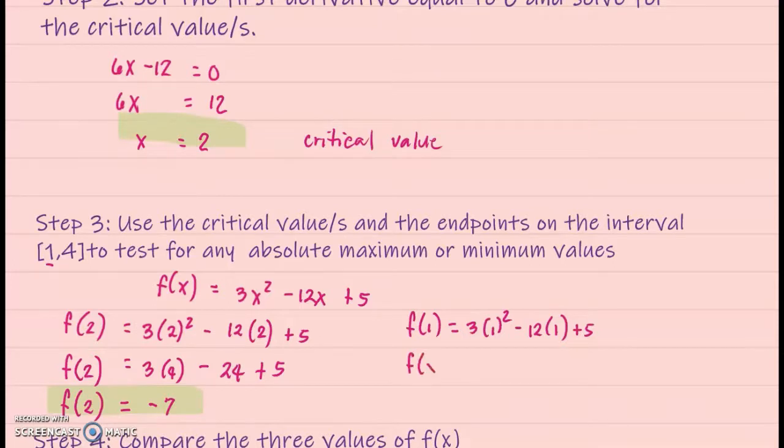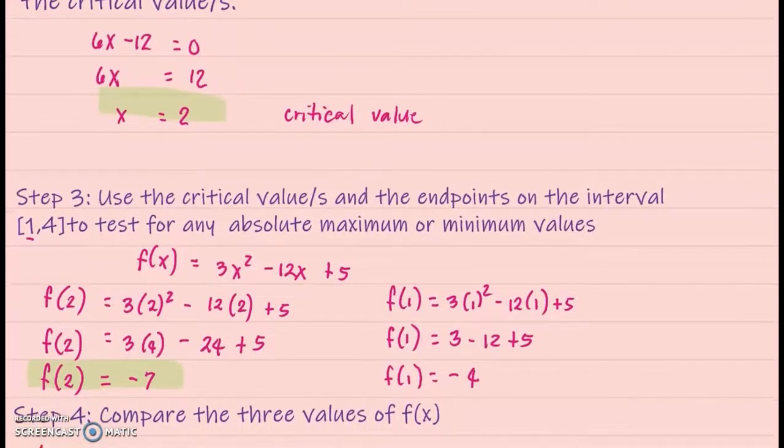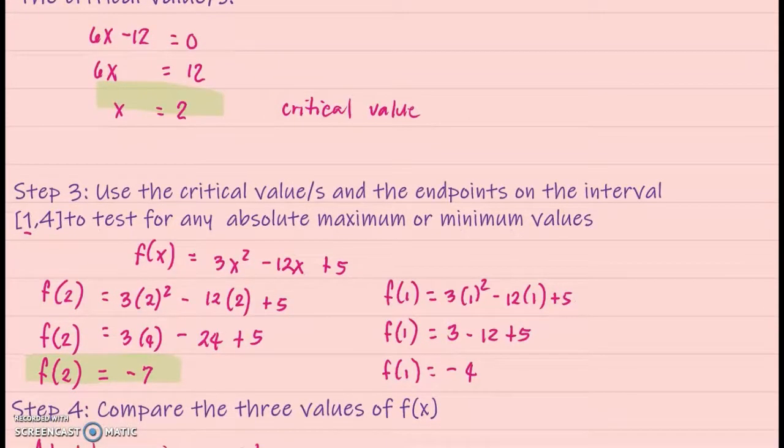F of 1 is equal to 3 minus 12 plus 5. F of 1 is equal to negative 4. Alright? Next, let's highlight that first.